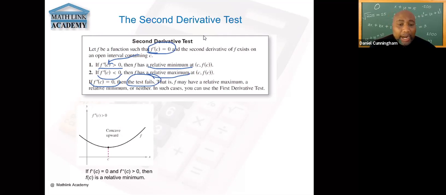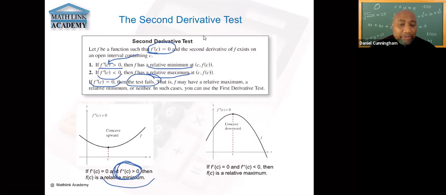If f prime of c is equal to 0, if you find a critical value through the first derivative, plug that value in the second derivative, and if it's greater than 0, it's a relative min. And that's how a relative min looks. And then a relative max will be plugging in that critical value and it's less than 0.